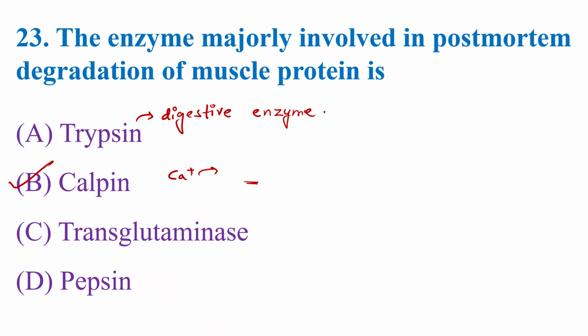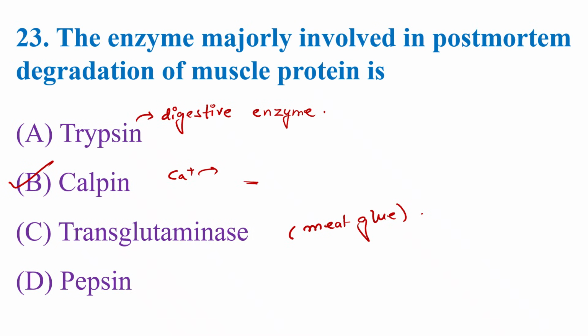Let us discuss the other two options also. Transglutaminase helps in cross-linking of proteins. It is used in food industries as meat glue, and it does not help in muscle degradation after the death of the animal.